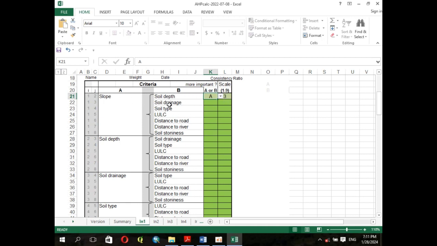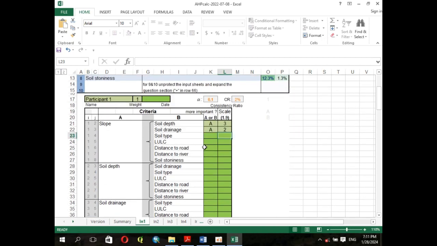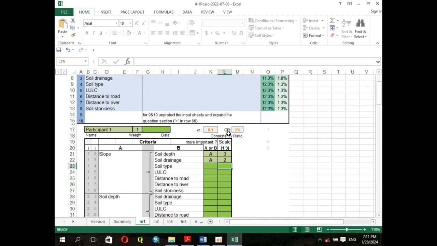The slope is compared with the soil drainage. For instance, let me say slope is greater by how much, between moderate importance and equal importance, if I say. And automatically we can see the CR value here, the consistency ratio value, because it governs our judgment.